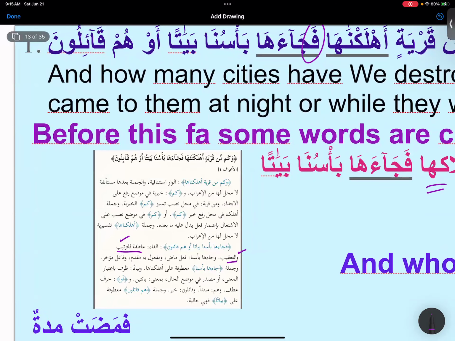No, but atifa litartib doesn't mean that they are saying this is only for atifa. Atifa litartib means they are joining with tartib. So this is fa tartib we can call, right?